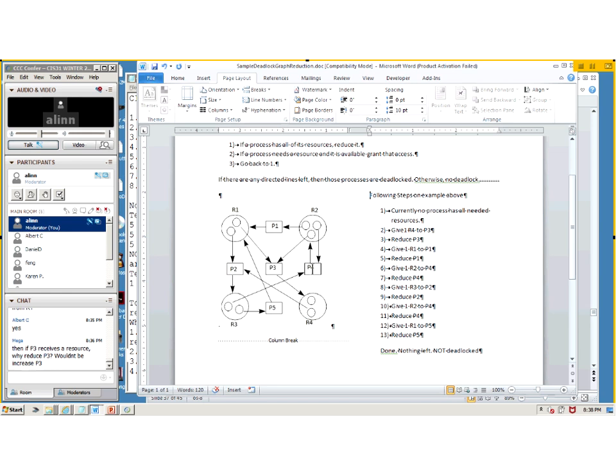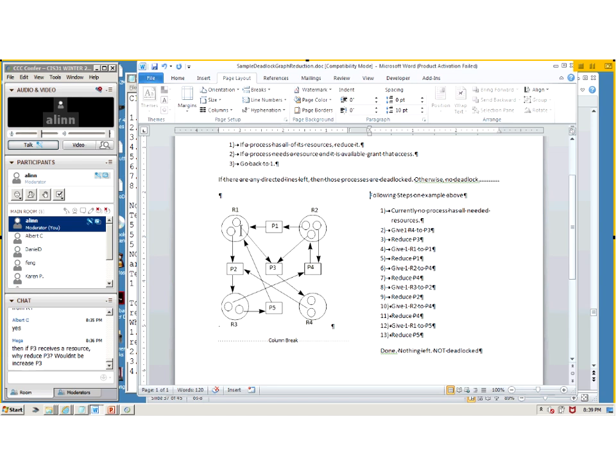If I did this instead of this or this instead of that, it would still come out the same because it's not deadlocked. And eventually what happens is you have no more lines. They've been reduced, and all you have left is 5 processes and the resources listed there. That's what would end up.